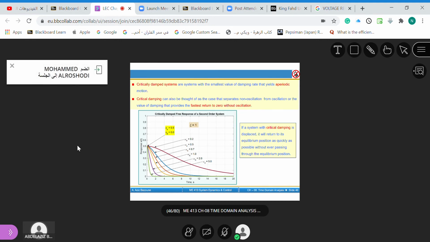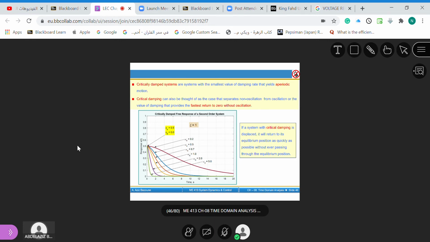Critically damped systems are systems with the smallest value of damping rate that yields aperiodic motion, meaning the motion will not be periodic, which means it does not repeat itself. Critical damping can also be thought of as the case that separates the non-oscillation case from the oscillation case, the value of damping that provides the fastest return to 0 without oscillation.